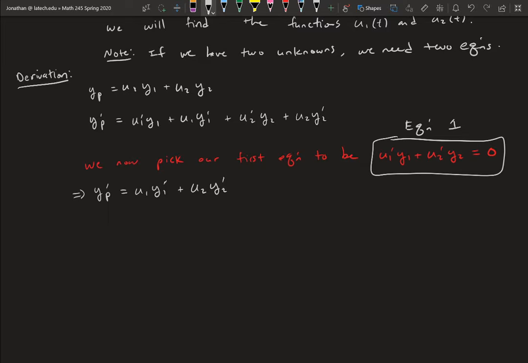Now yp double prime, we can differentiate again and get u1 prime y1 prime plus u1 y1 double prime plus u2 prime y2 prime plus u2 y2 double prime. Again, just doing a product rule for each of those products.